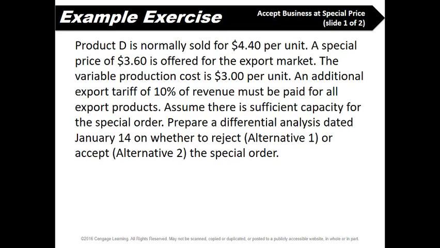So there's not a free trade agreement in place with this particular country that it would be going to. We assume there's going to be sufficient capacity, so we're not going to have any overtime or additional fixed expenses that we would incur. We're going to prepare a differential analysis on whether to accept or reject this specific special order.